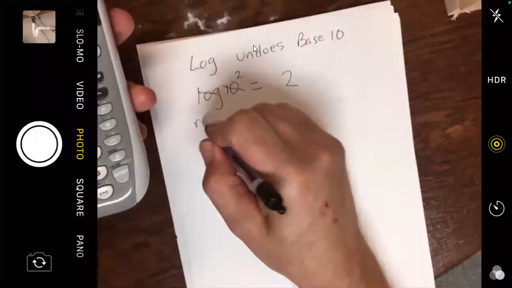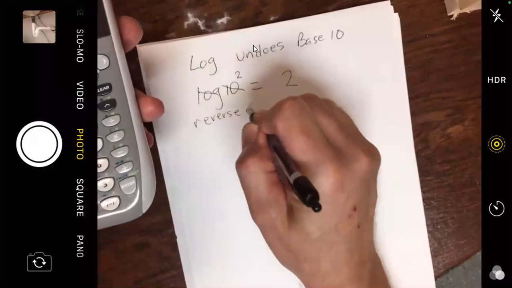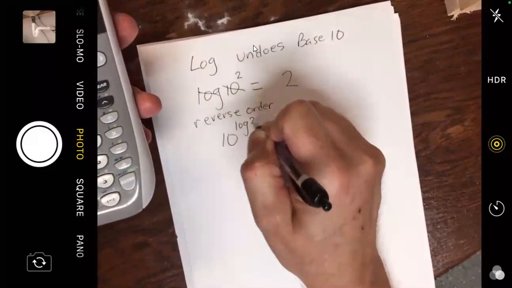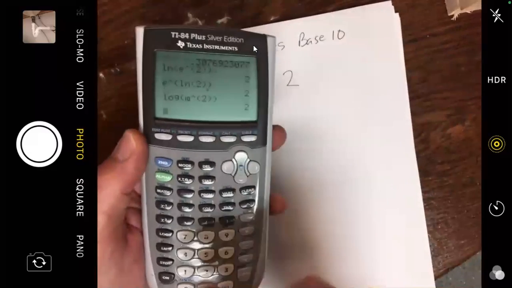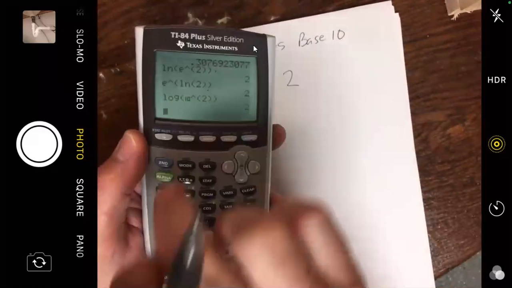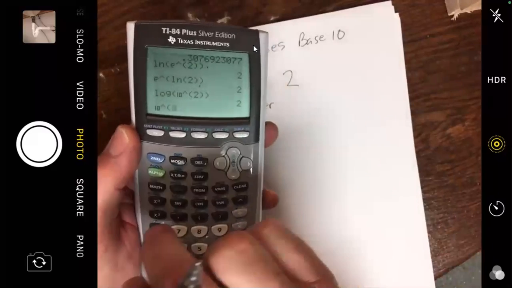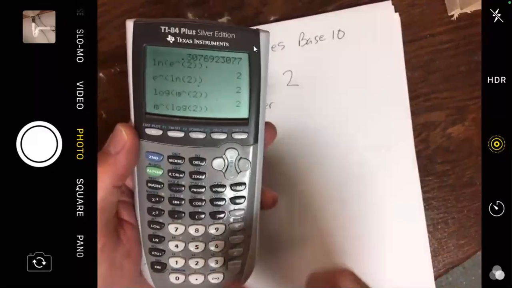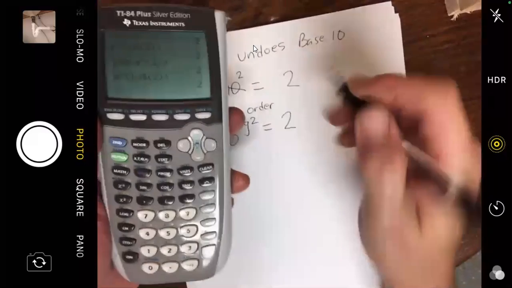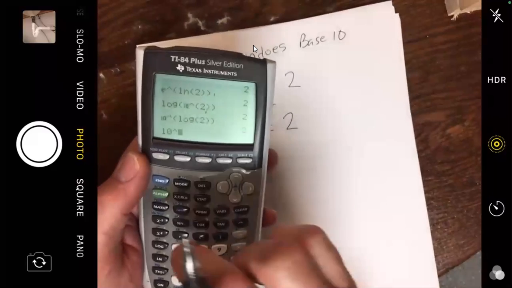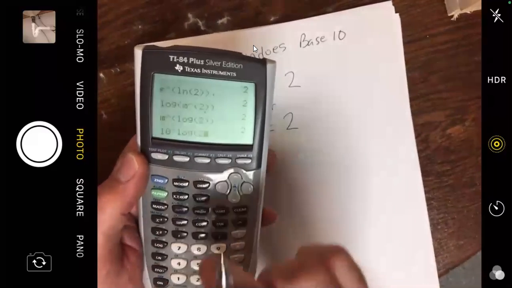In the reverse order, 10 to the LOG of 2, I can either hit the key, or I actually literally punch 10, LOG of 2, and I get 2. I can also literally punch it off the keyboard, 10 raised to the LOG of 2.